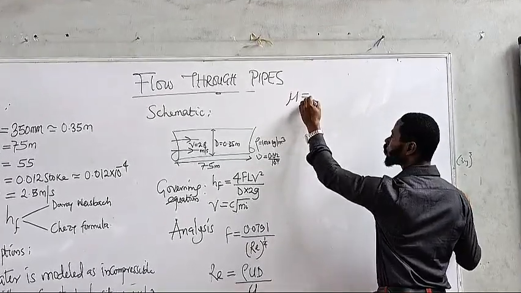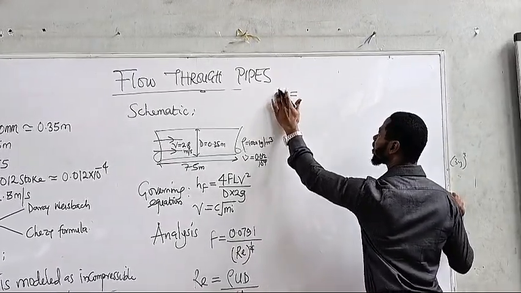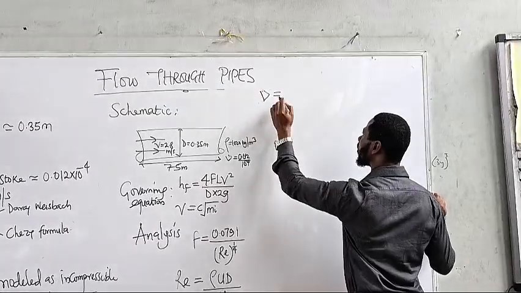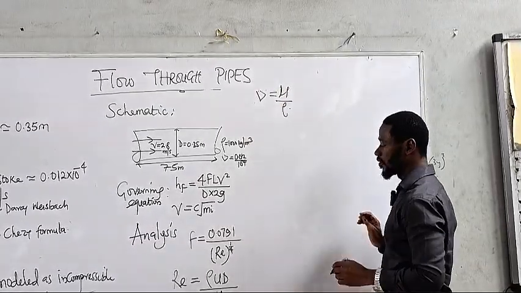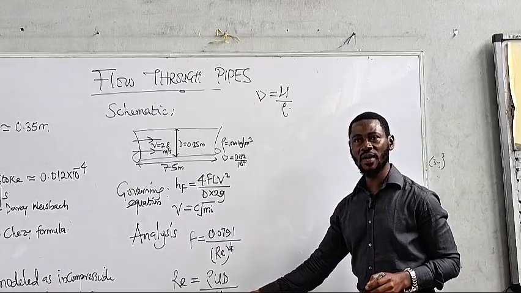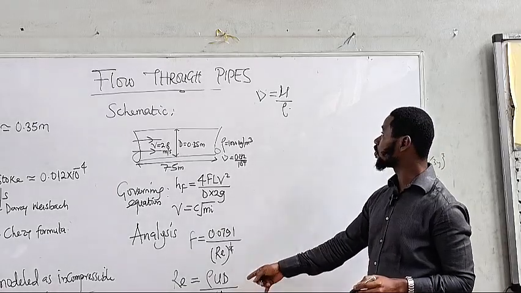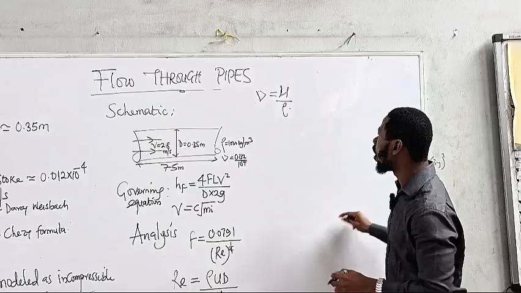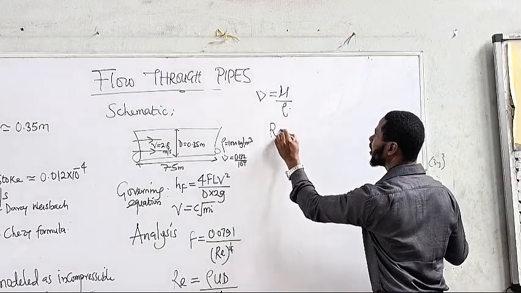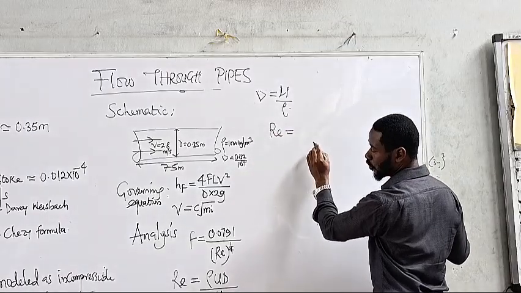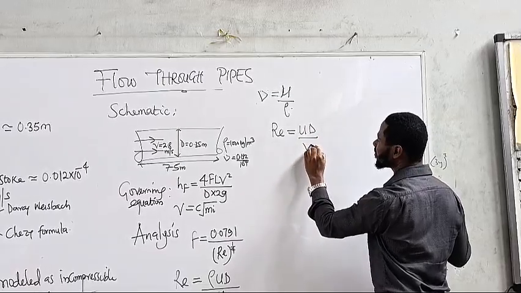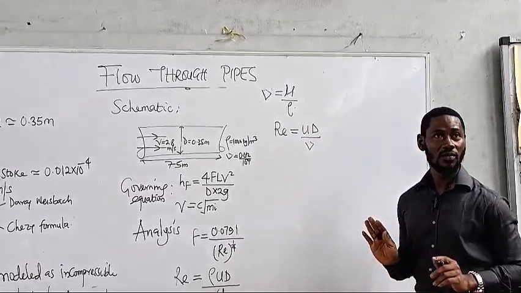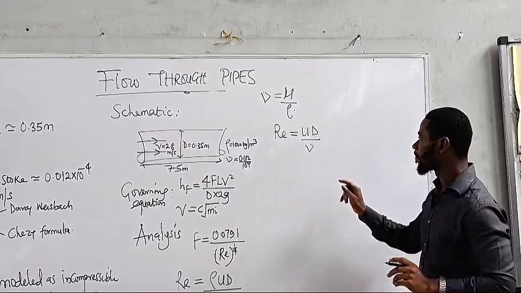Kinematic viscosity equals dynamic viscosity divided by density. So when you substitute this into the Reynolds number expression, it becomes Reynolds number equals UD divided by kinematic viscosity. Are we together?